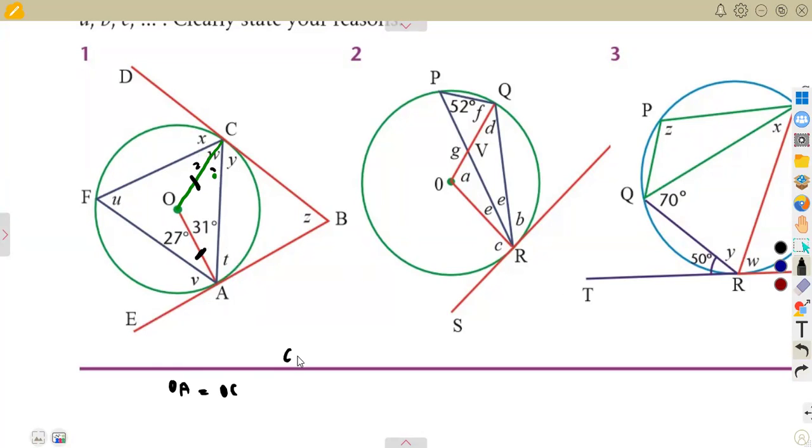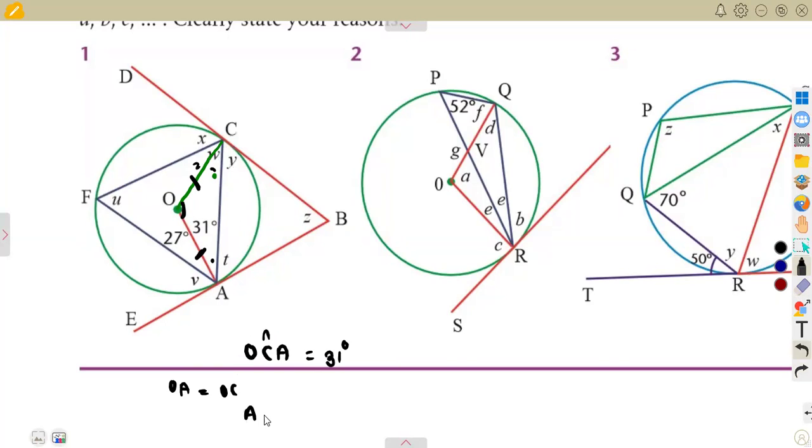According to my sketch, C1 is going to be equal to 31 degrees, which is equal to the angle at A. I'm referring to angle OCA, which is 31 degrees. So that means we can calculate the angle at O, which is AOC.